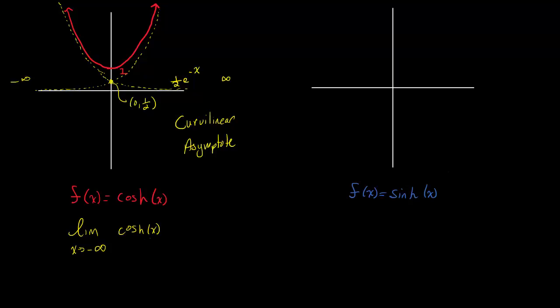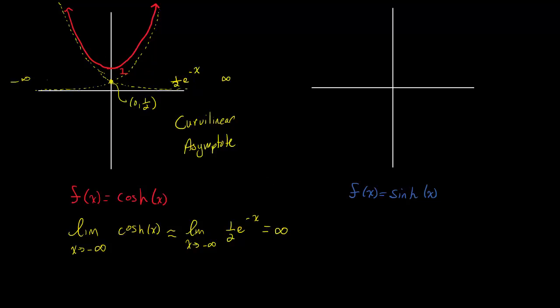As we approach here, we're really approximating the limit as x approaches negative infinity of 1/2 e to the negative x. And we see that as we approach negative infinity, this graph is going to go off to positive infinity. I think that will help you as you look at some limits.